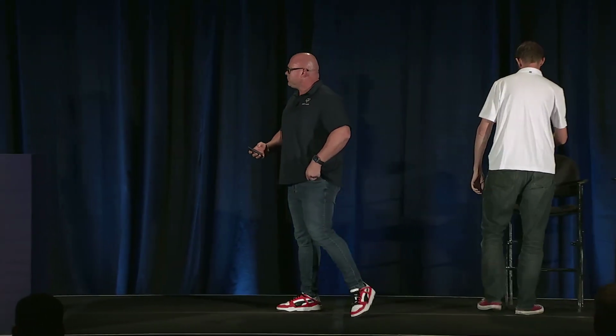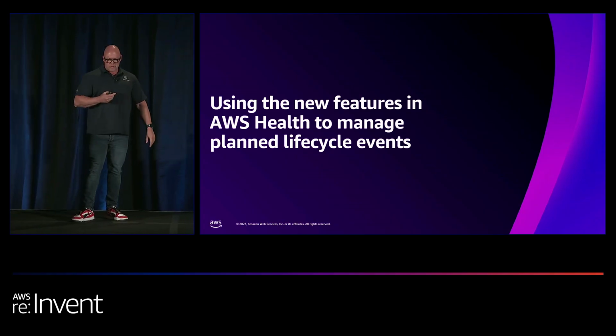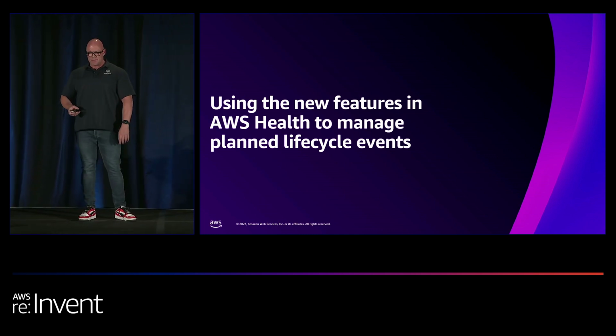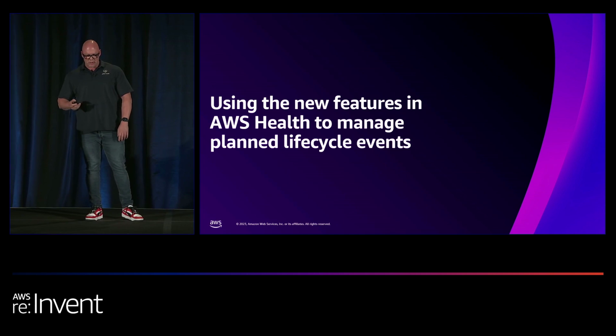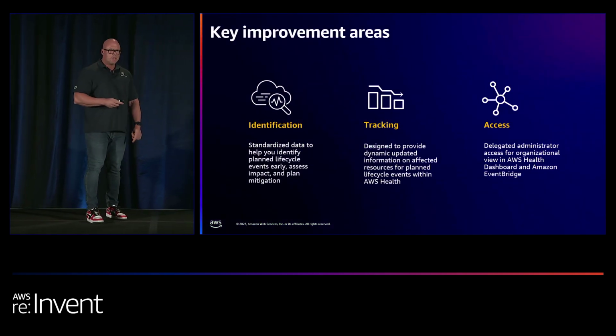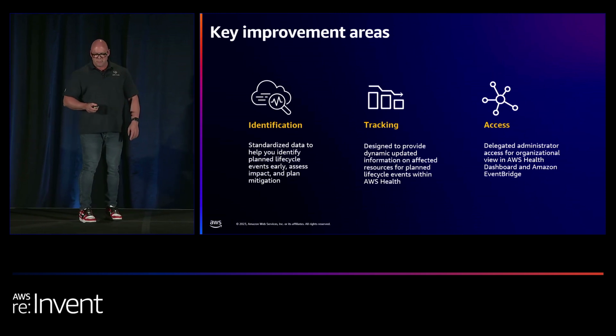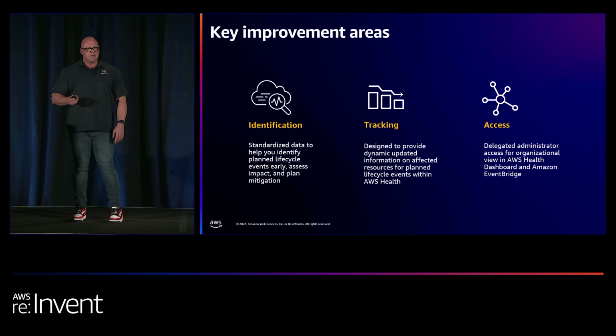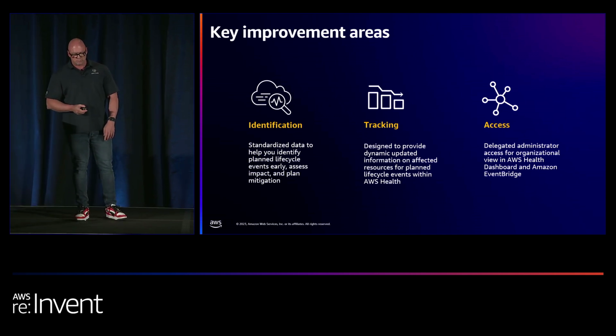Thanks, Andrew. I'm now going to talk to you about the improvements that we've made to AWS Health to help you better manage planned lifecycle events. We've delivered these improvements across the three key areas that Andrew was just talking about: identification, tracking, and accessing these events across your organization.